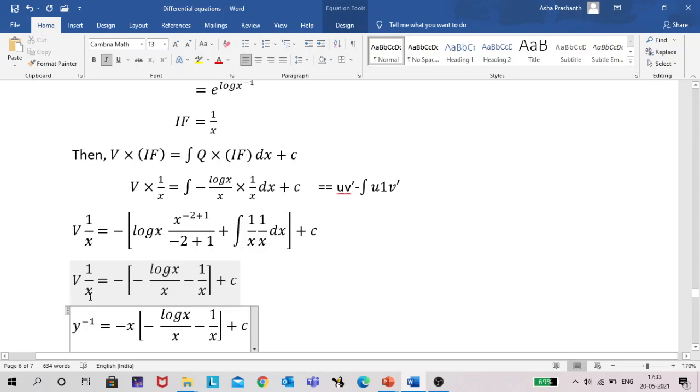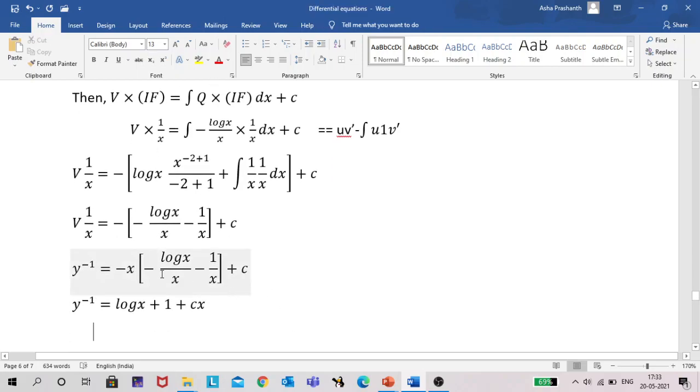I'm cross multiplying this x to this side, and v value is y to the power of minus 1. Okay, so in the next step, I am going to multiply this minus x inside. Minus of minus becomes plus. X gets cancelled. You will get log x only. Minus of minus plus, x gets cancelled. We will get 1 only. Okay, then plus c.